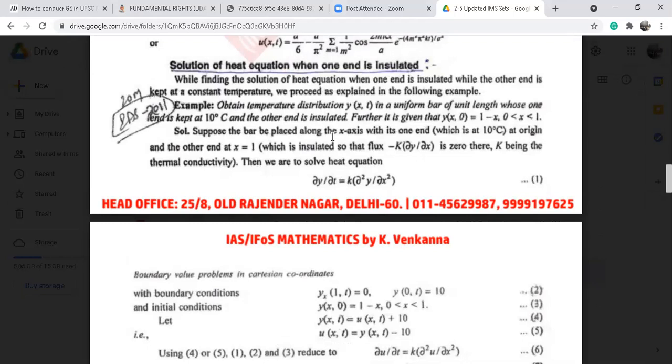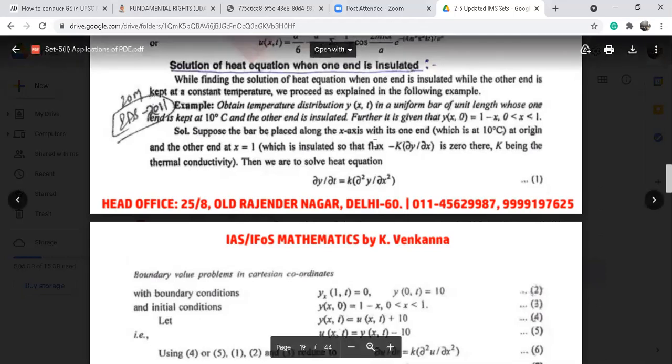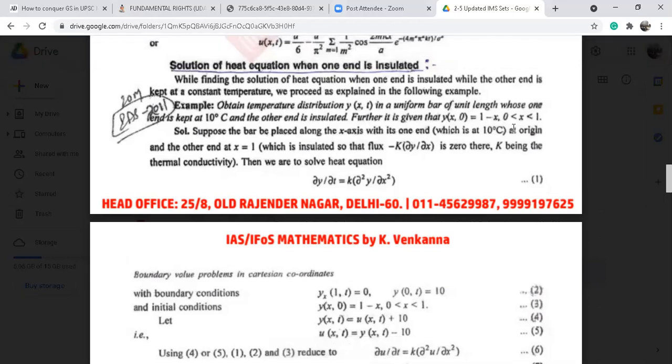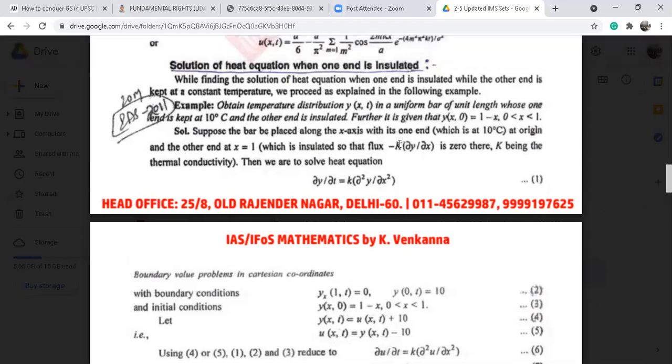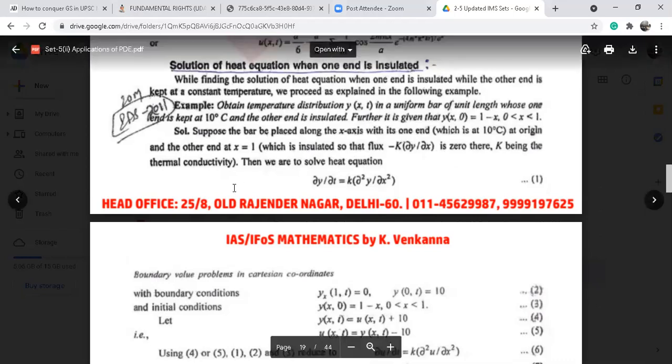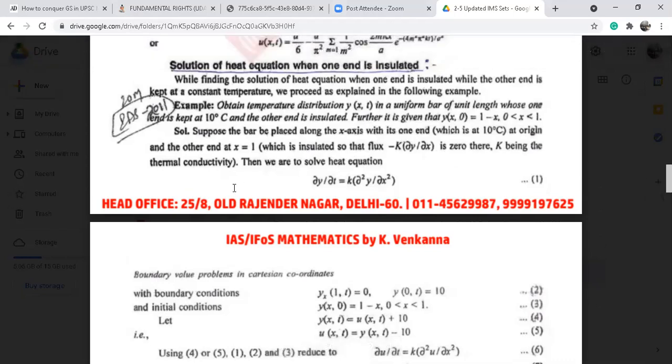So let's assume that at the point 0, the temperature is 10 degrees, and the other end, at length 1, is insulated, so del U by del X is 0 at that point. Suppose the bar is placed along the x-axis, with one end at 10 degrees at the origin and the other end at x equal to 1. Because K dy by dx is 0 there, K being the thermal conductivity, the flux is 0 there.